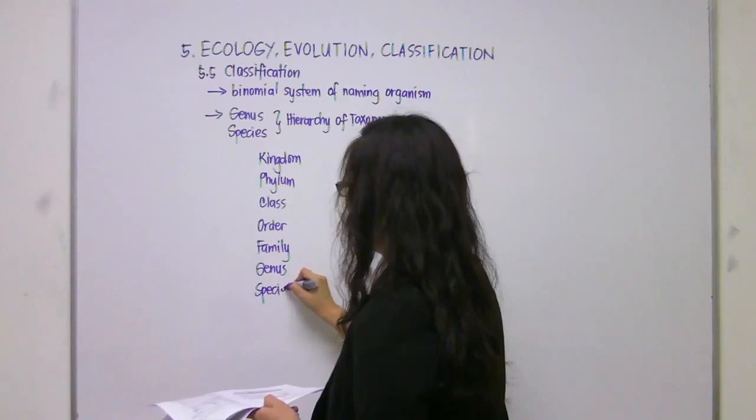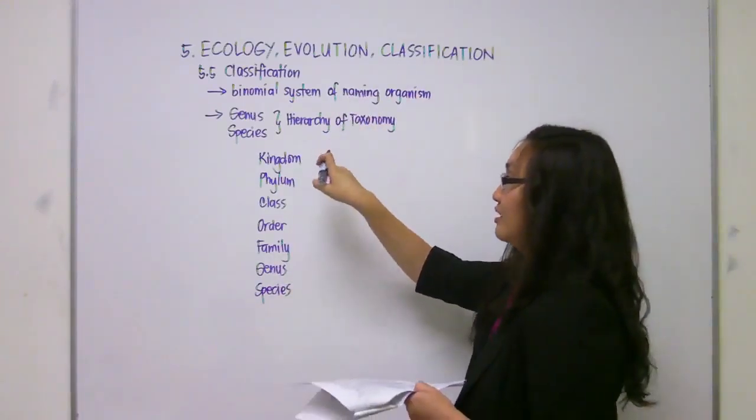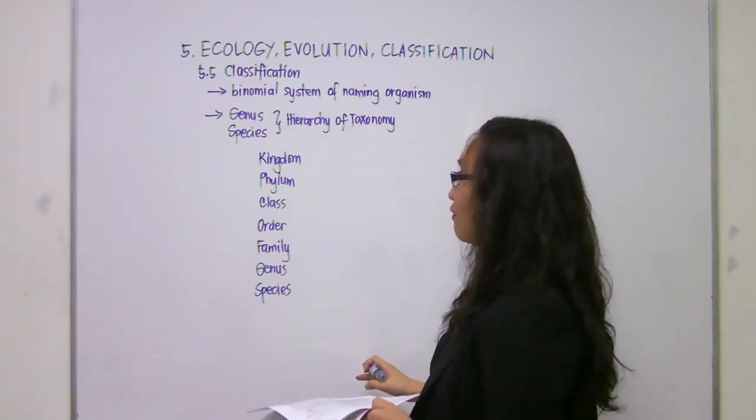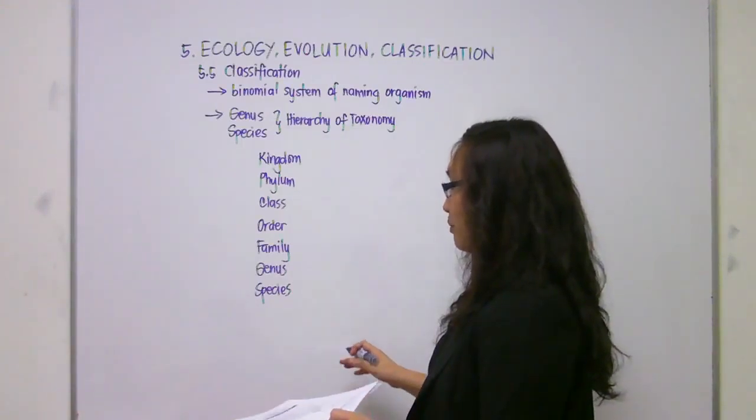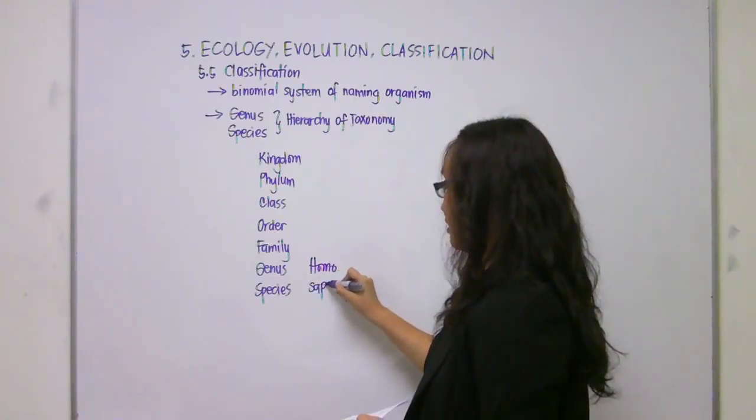Organisms are all classified according to this hierarchy. In the case of humans, we are named as Homo sapiens.